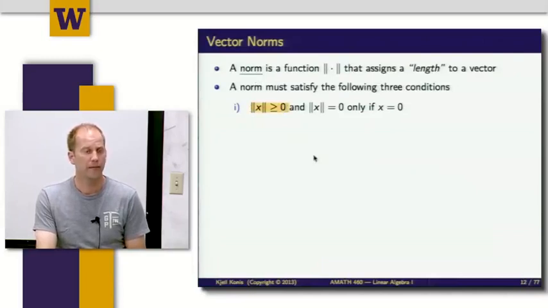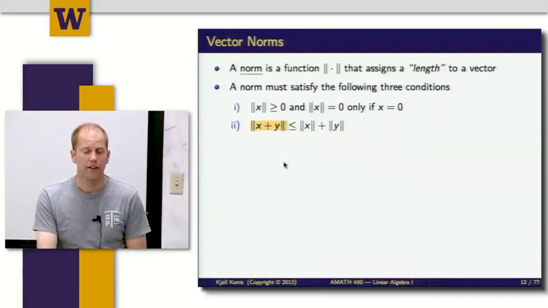A norm has to assign a length quantity that's greater than or equal to 0, and it can be 0 only for the 0 vector. So for a non-zero vector, it has to assign a positive length. The norm of a sum of 2 vectors has to be less than or equal to the sum of the norms of each of those vectors.